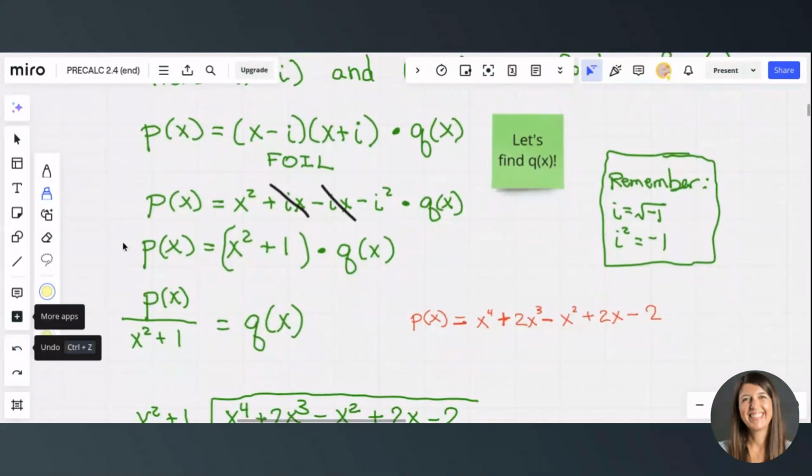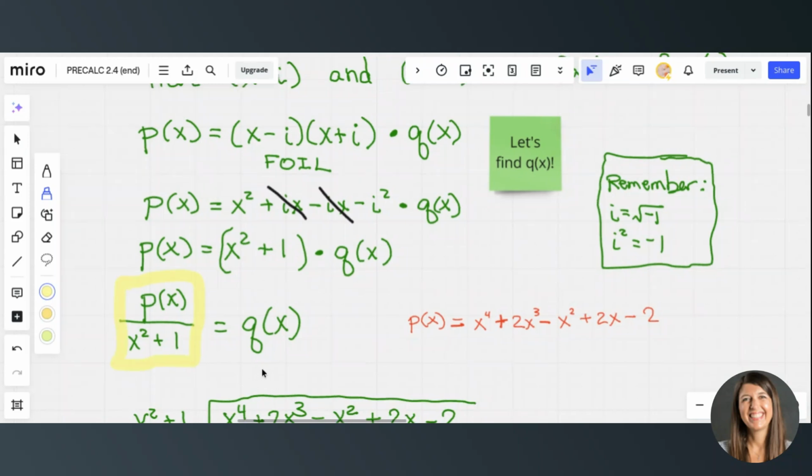All right, so now let's solve for p of x. Sorry, not p of x, q of x. Let's solve for q of x. If I want to solve for q of x, I'm going to divide both sides by x squared plus 1. All right, so I get q of x equals p of x divided by x squared plus 1. Well, we can do that, right?